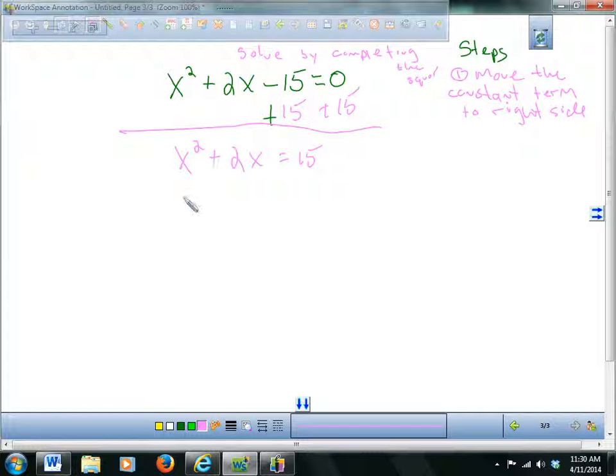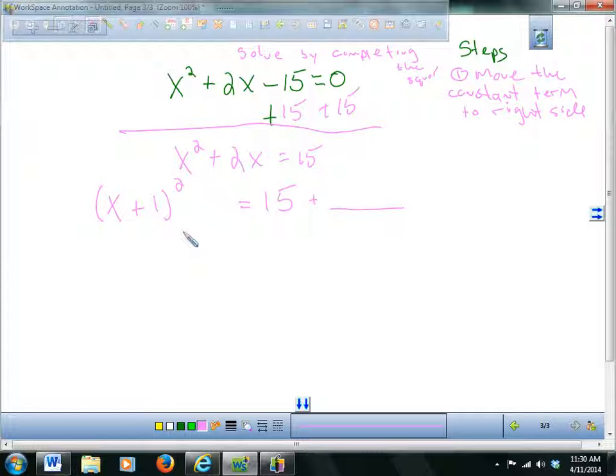Now, here's the tricky part. Now I'm going to complete the square. What's half of 2? 1. So I'm going to rewrite x squared plus 2x as x plus 1 squared equals 15. Okay? But when I did this, I added something to this side of the equation. What did I add?